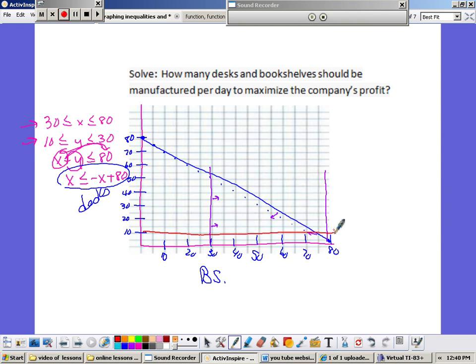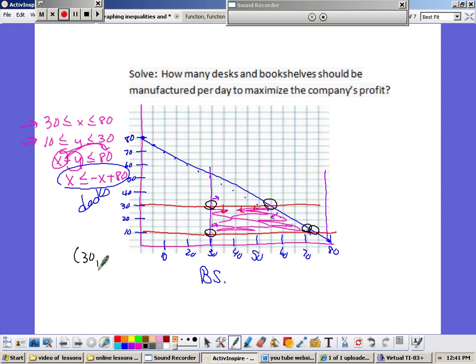It's colored in here. So I'm looking at this space in here. So the vertices I'm looking at, this one, this one, this one, and that one. It's actually this one.